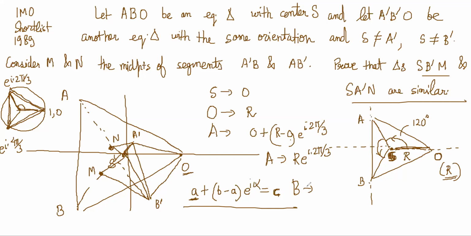right? So B will become r, again it is about origin, so it is e power 4 pi by 3, no? Again it is rotation about the origin, right? Yes, sir. So what I'm saying is finally that this situation is happening.